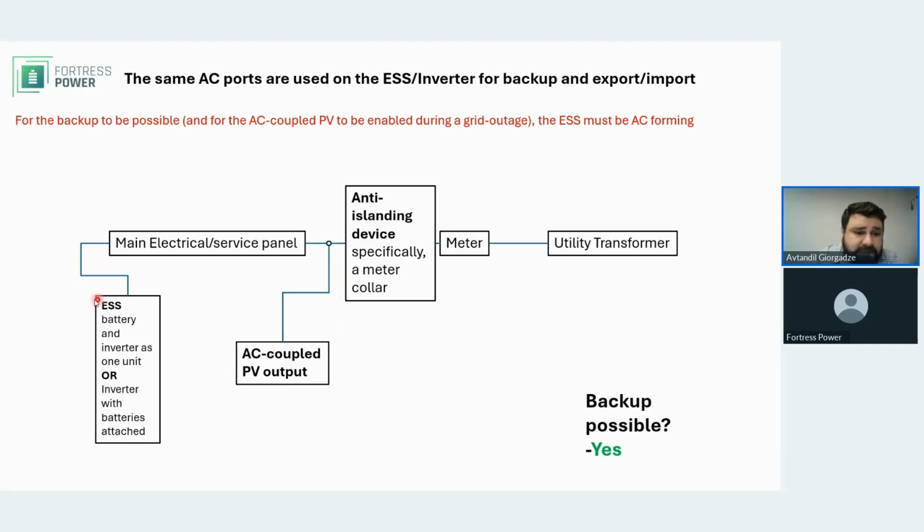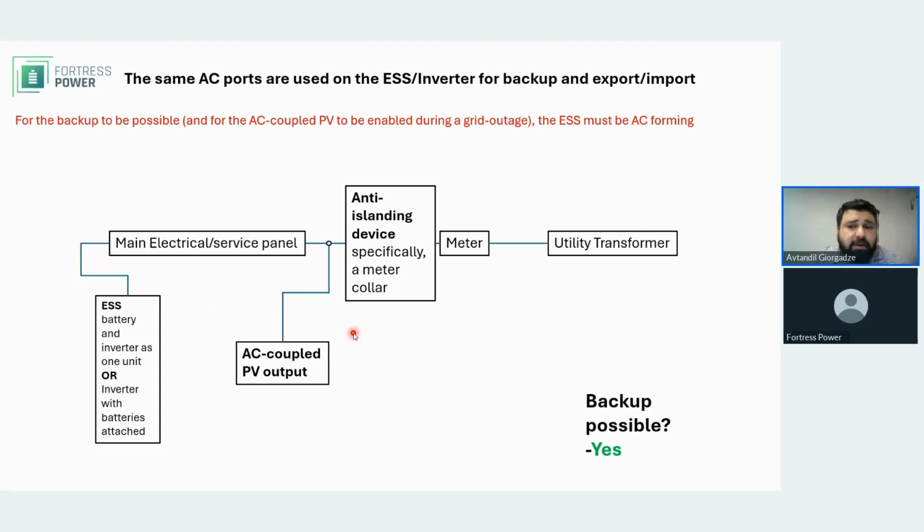So once the energy storage system starts forming the signal, the AC coupled PV will be following that signal. So not only the benefit of having an energy storage system in such cases, not only that you will have battery backup, but also you're going to keep your AC coupled PV alive.